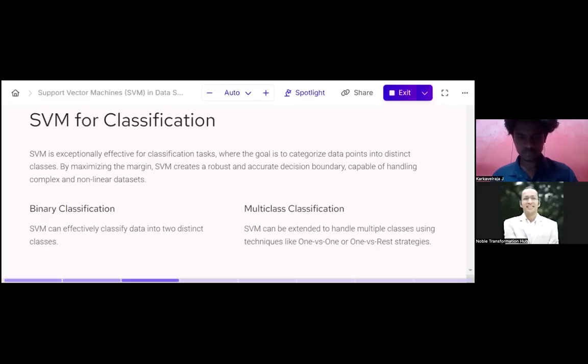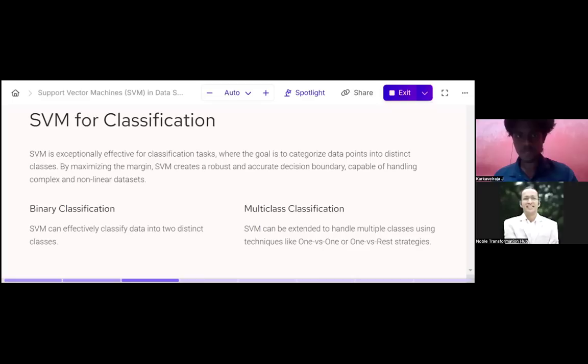Now we have understood the fundamentals. Three aspects are very important in SVM, the fundamental units. One is the margin, then the hyperplane, and the other point is support vectors.